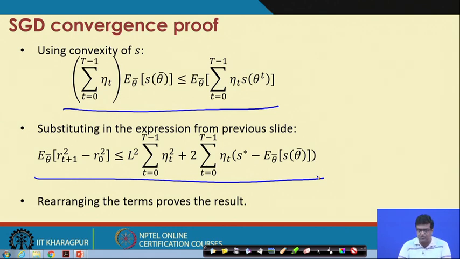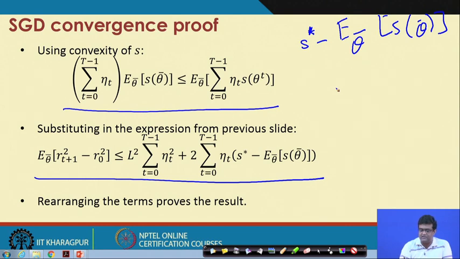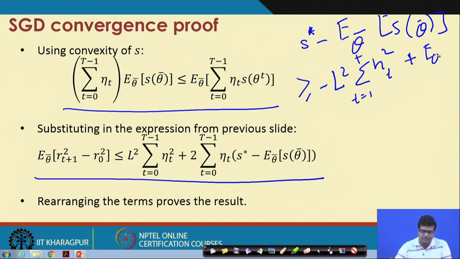If you just rearrange, what you have to show is that S(theta bar) minus the expectation of S(theta star) is always going to be greater than or equal to, minus of this, L squared times the summation t equal to 1 to T of eta_t squared, plus this expectation of theta.